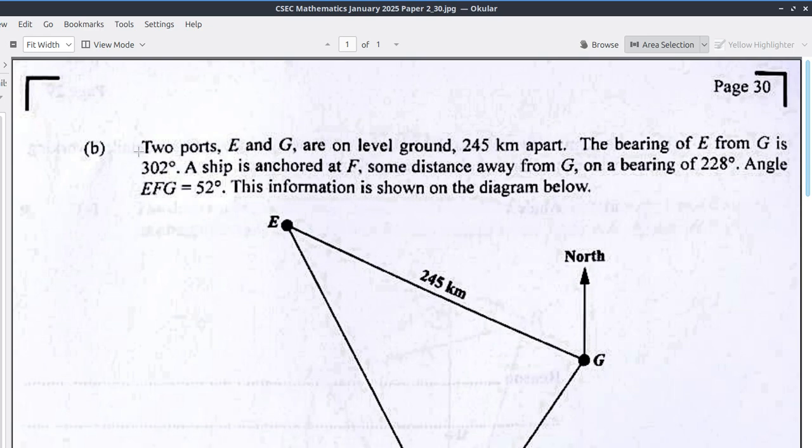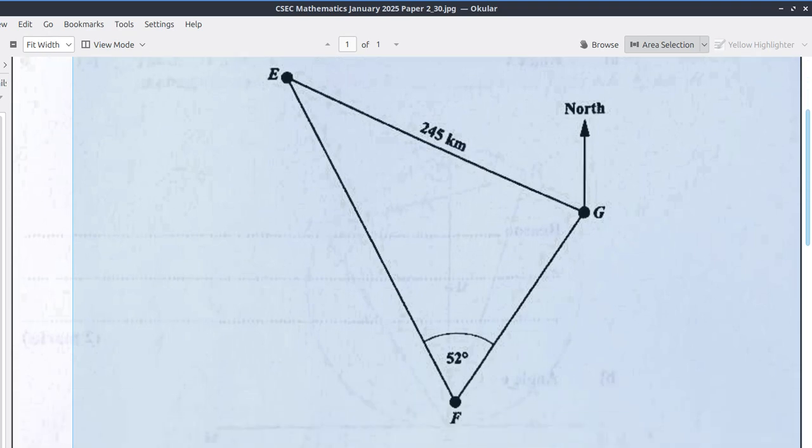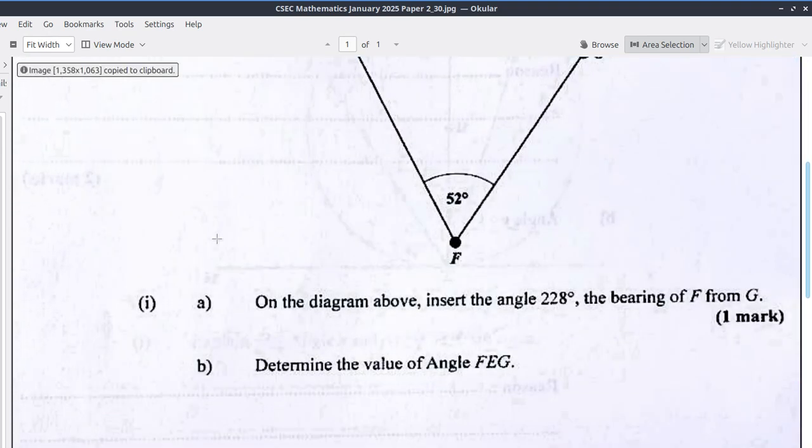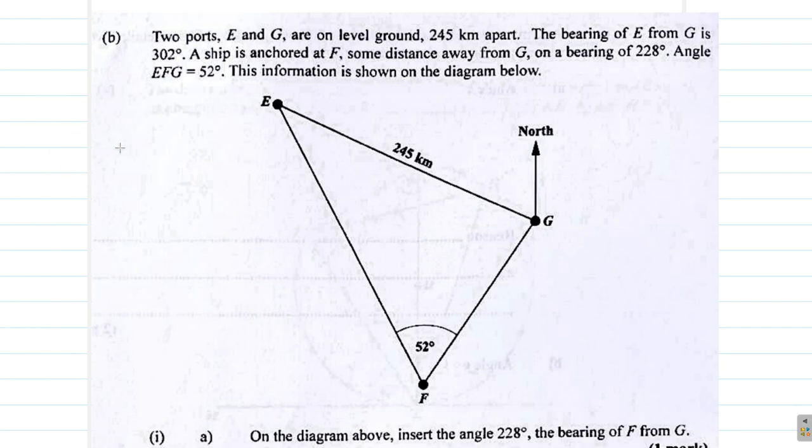It says, alright, before I read it, let me just copy it and paste this over here. Okay, good.